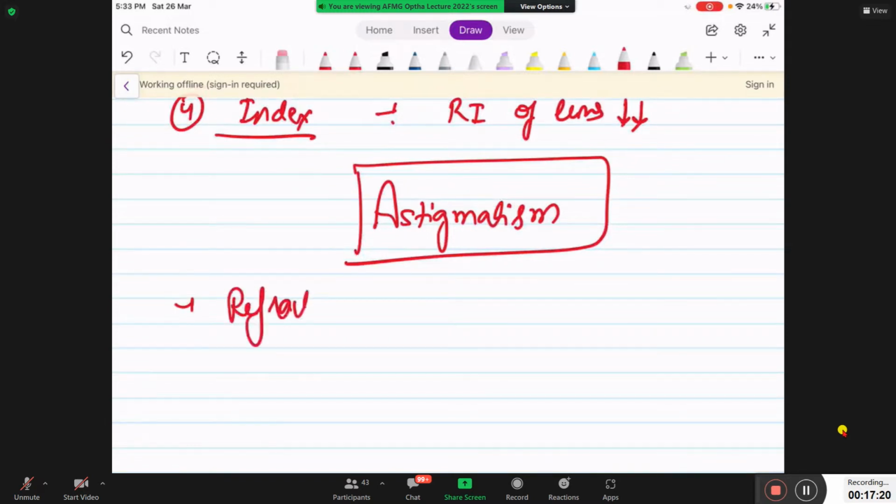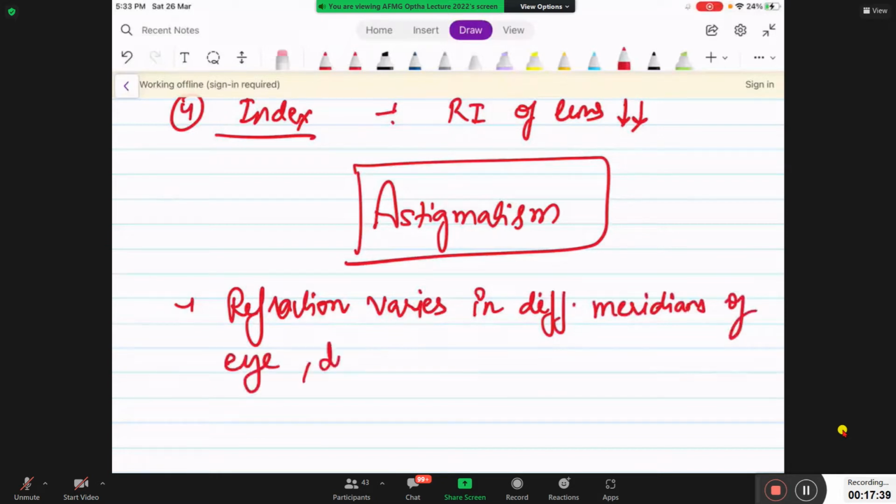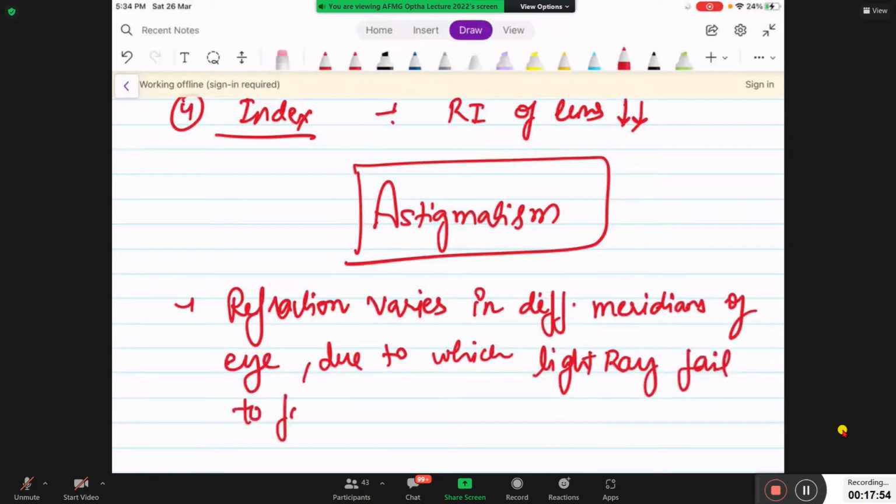The refraction varies in different meridians of the eye, due to which light rays fail to focus at a point.